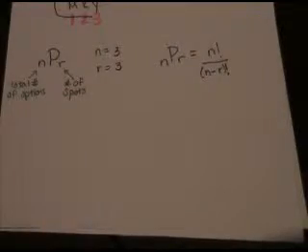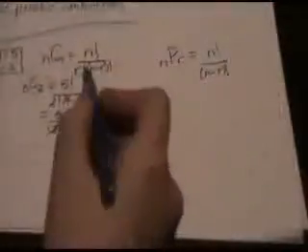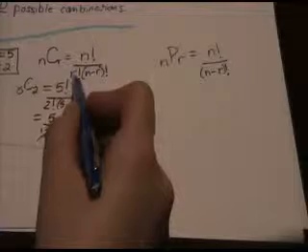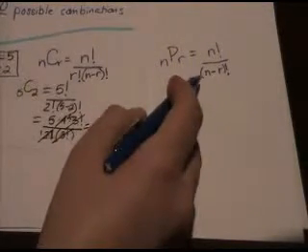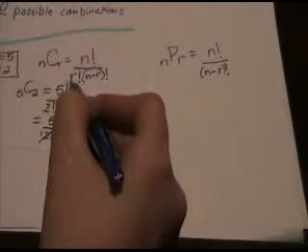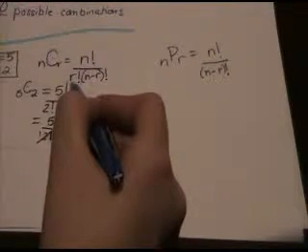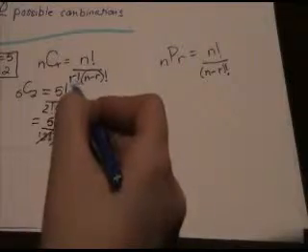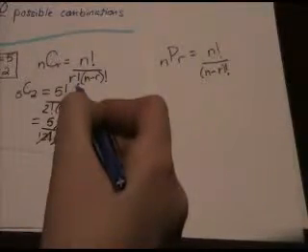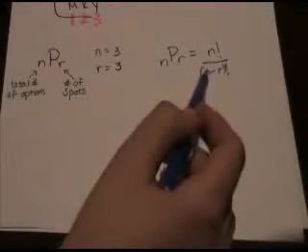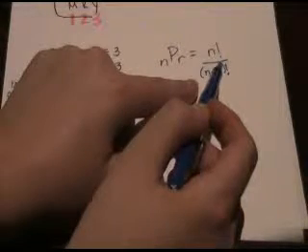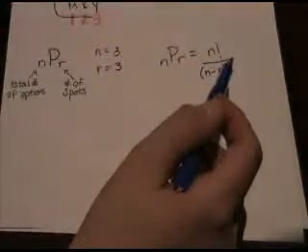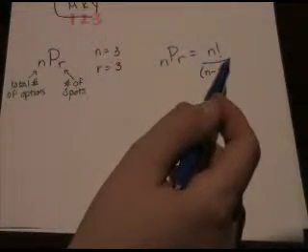On combinations, we had an extra R factorial in the denominator. We do not have that in the permutations formula. This is what takes out the repeats. This right here is what makes it so that order doesn't matter for combinations, and not having it in the permutations formula says that the order does matter. Because obviously we have the same 3 people over and over again up here.